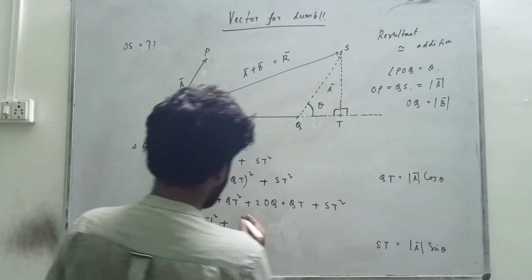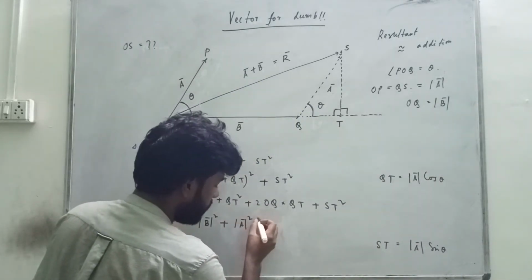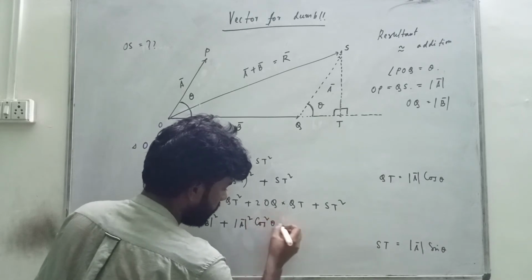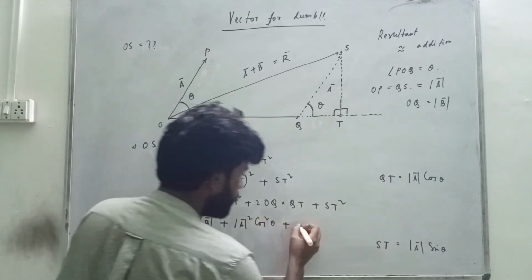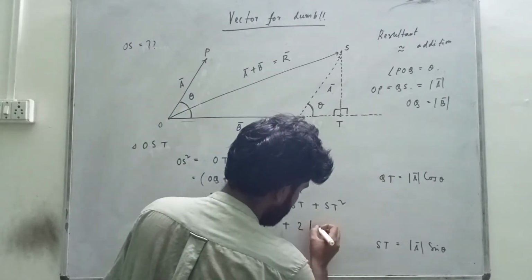So QT squared goes to modulus of A squared cos squared theta, plus 2 OQ, and OQ means modulus of B.